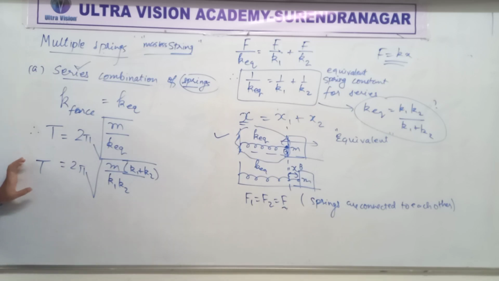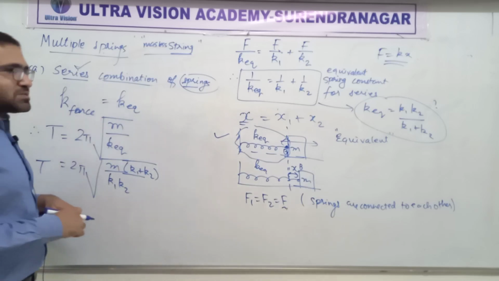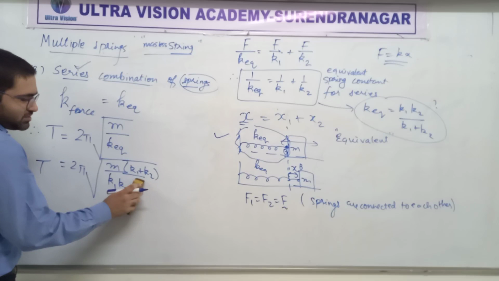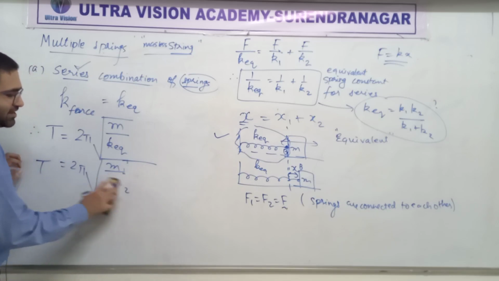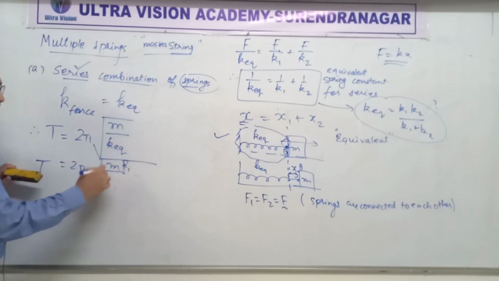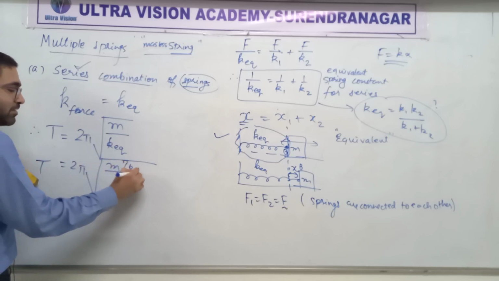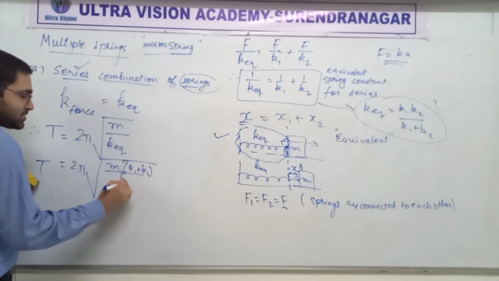This is the time period. So basically, when you connect two springs in series, then you cannot find the time period just like this, just with K1 or just with K2, but with some combination of K1 and K2 that is like this.